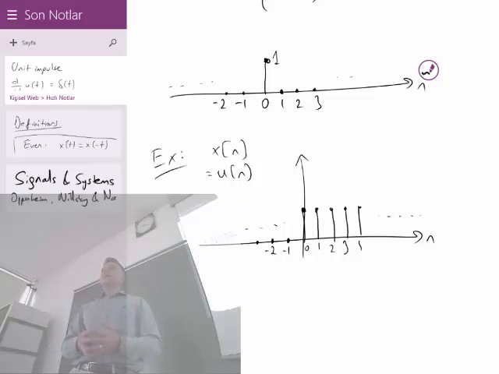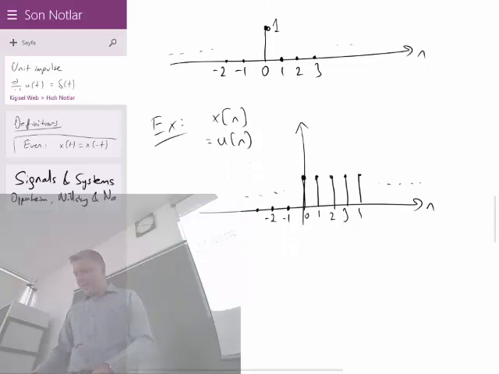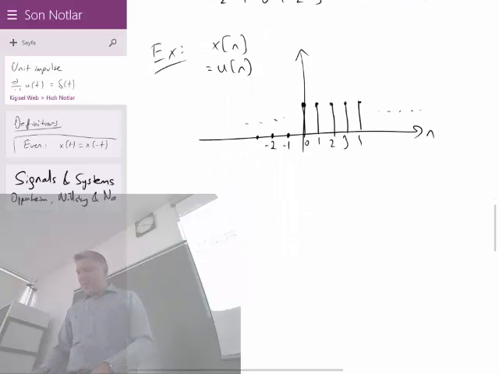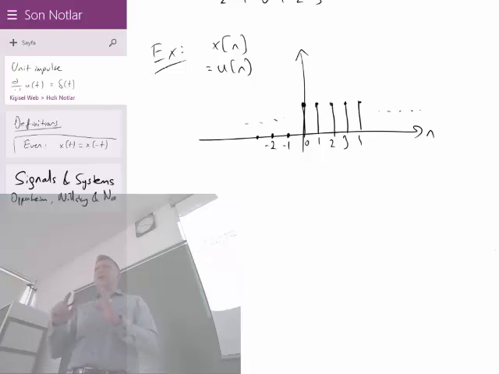This is the discrete time way of drawing the unit step function. That is u of n. We can draw a box shape, any shape. So you have to put black dots and show where it is. It's like the stem plot in MATLAB. Putting circles or putting dots, that's how you should draw discrete time signals for illustration purposes.